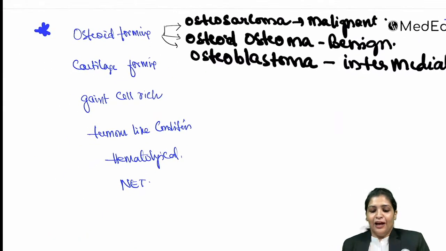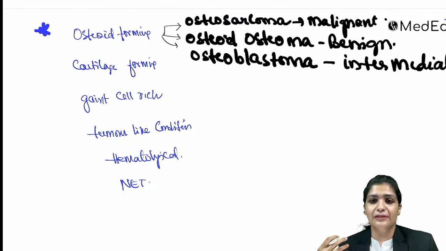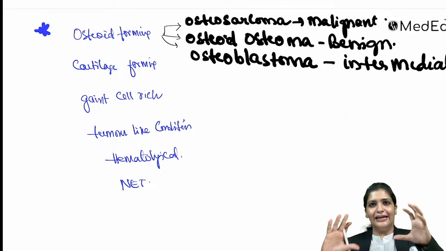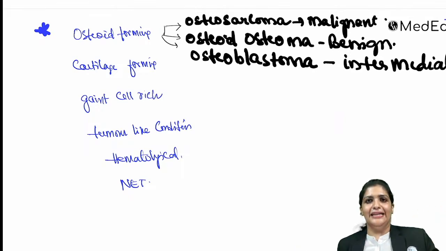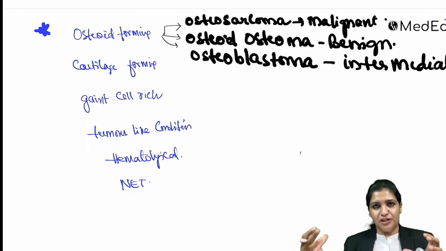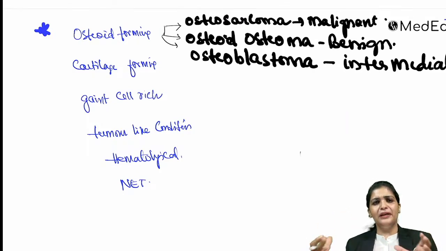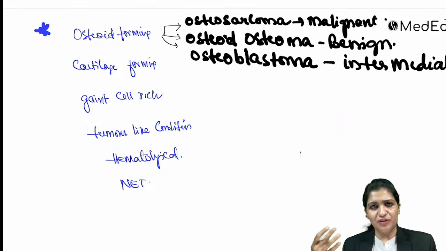Very good. So now let us just get a brief of all the tumors, so that I will make it very simple for you. Whenever you see an x-ray or a question regarding the tumors, first decide from which cell this tumor is coming. Whenever they say there is a bone formation or a calcification, this could be an osteoid formation, an excessive bone seen on the x-ray.